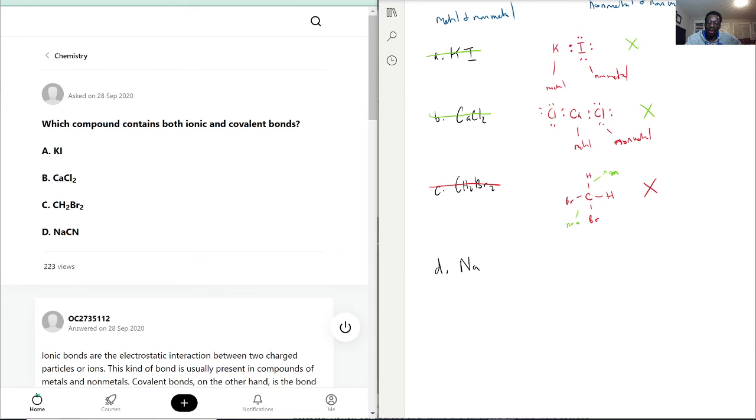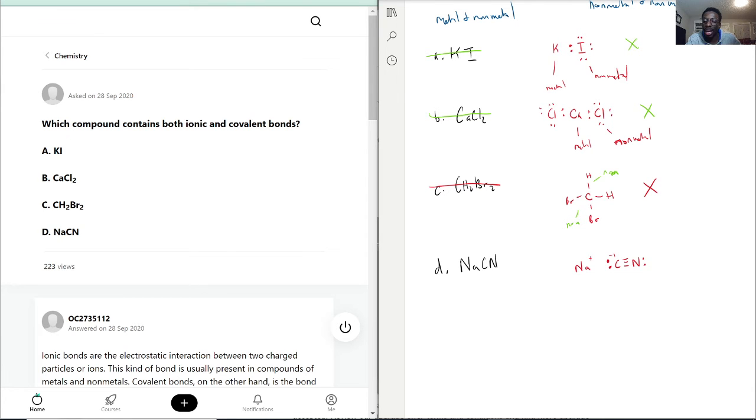We have NaCN, which is sodium cyanide. If we drew it out, we would have sodium plus, and then CN minus, and the minus will be on the carbon. This is what we have for sodium cyanide.